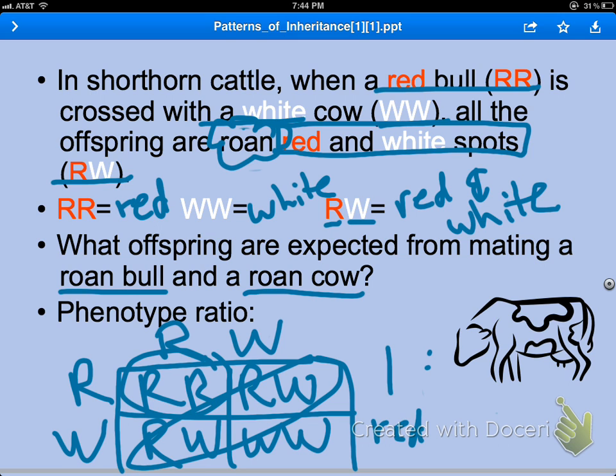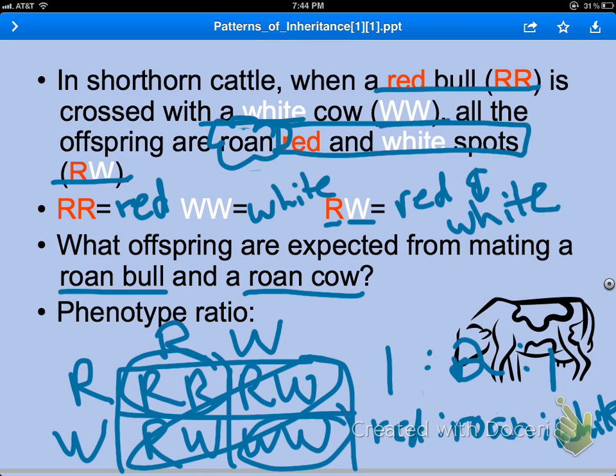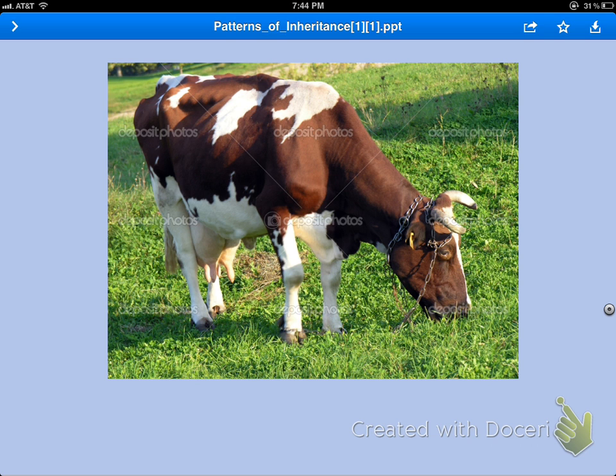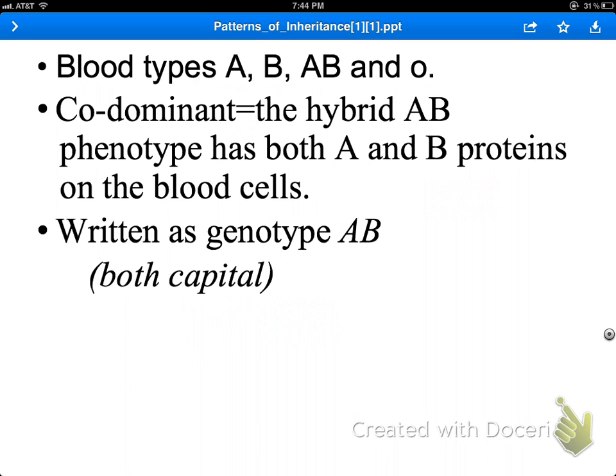We have 2 of the coloring which they are called roan. And then we have 1 down here, which gives us the color white. So there's how you got the ratio of 1 to 2 to 1. This is what an actual cattle of this variety, roan, looks like. You can see it has both colorings in it.